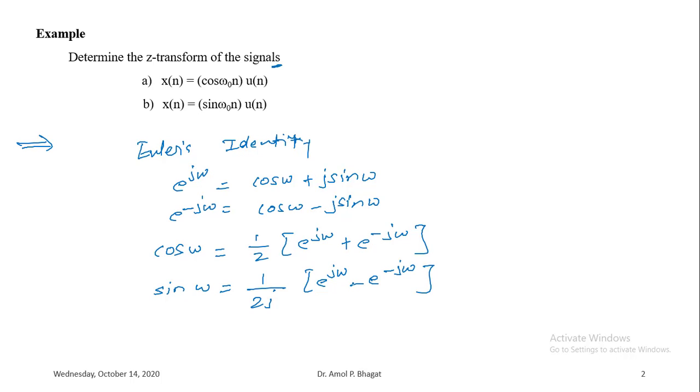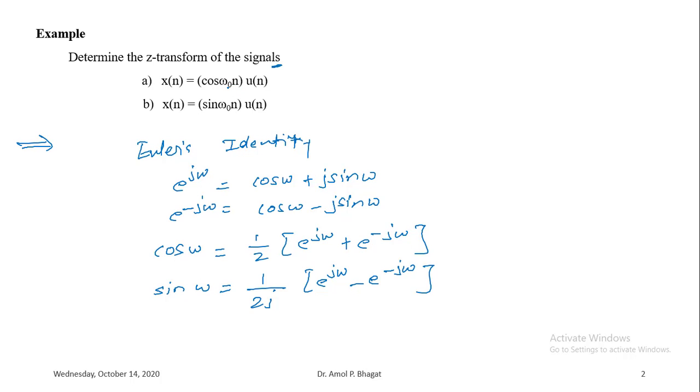Because of the negative sign, the cos omega terms cancel, and minus minus becomes plus, so it will be 2j sin omega. To cancel that 2j we multiply by 1 upon 2j, so we get only sin omega. By applying this Euler's identity, you can rewrite the given discrete time signals.